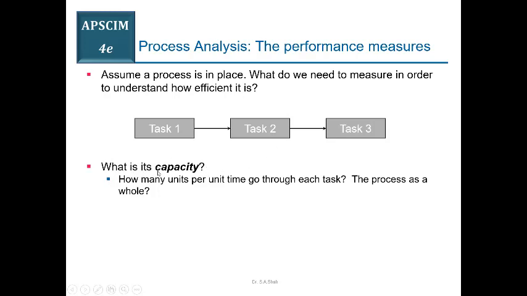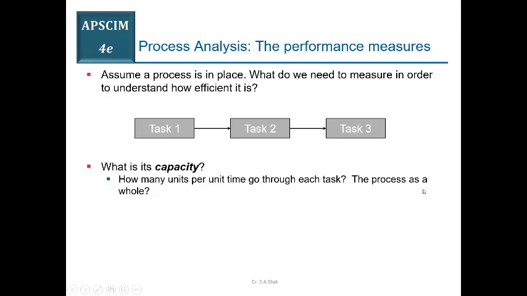And capacity is basically the production rate or the throughput rate. Capacity means how many units will be produced per unit time, and that unit time may be a day, a week, a month, or a year. So that will depend upon the philosophy of the production setup. So, what will be the capacity of the system? That is how many units per unit time will go through each task.